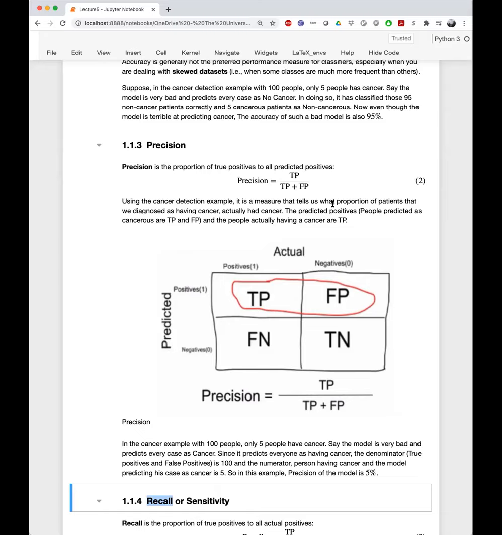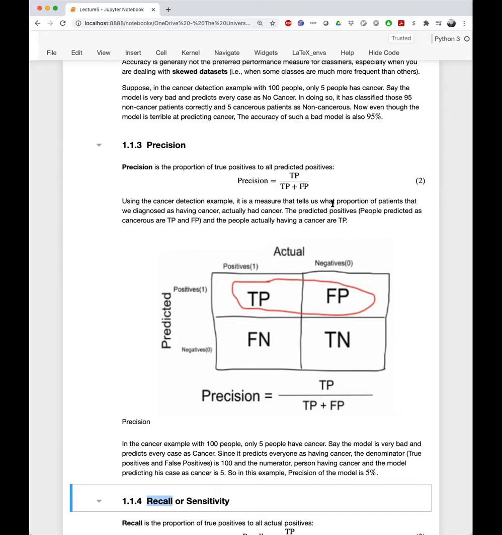There's no false positive. The positive cases your model predicted are all actual positive. You don't have a case where you predict a person is positive, but actually the person has no cancer.